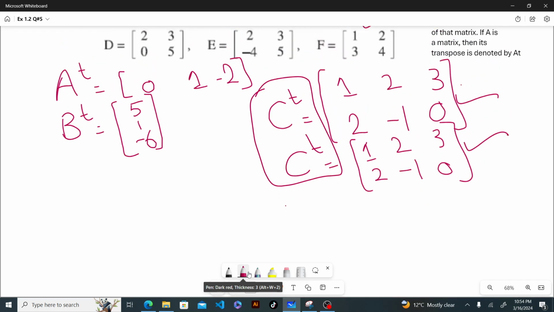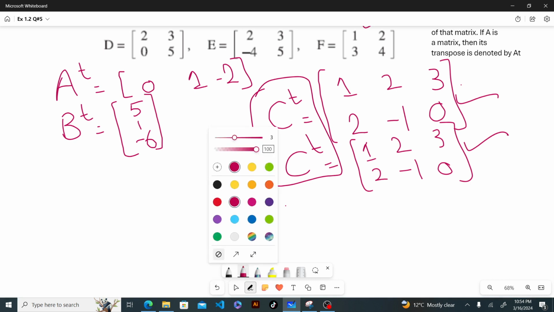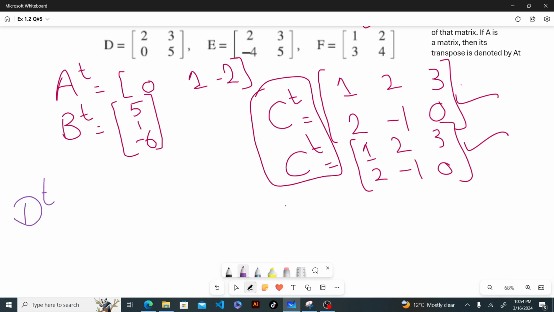Let us do the other three matrices. Here D, we'll find D transpose: 2, 3, 0, 5.